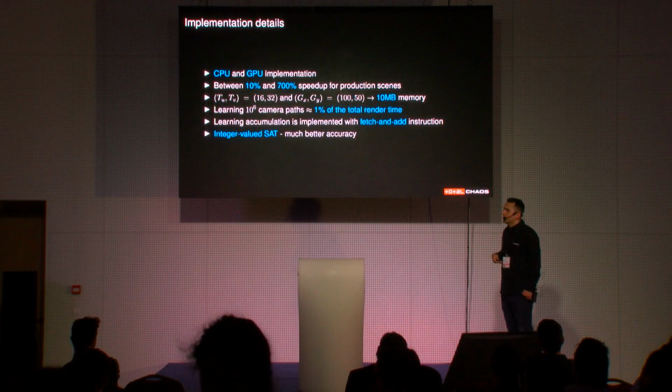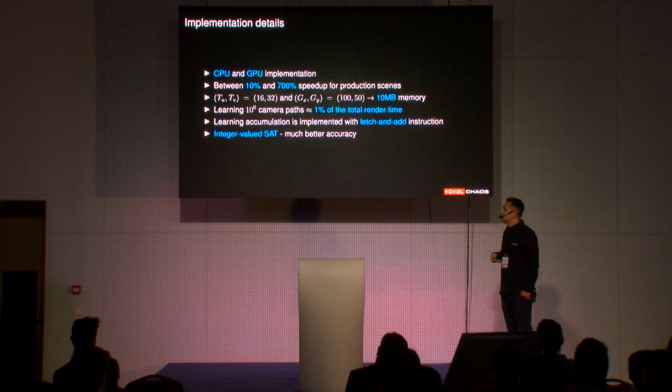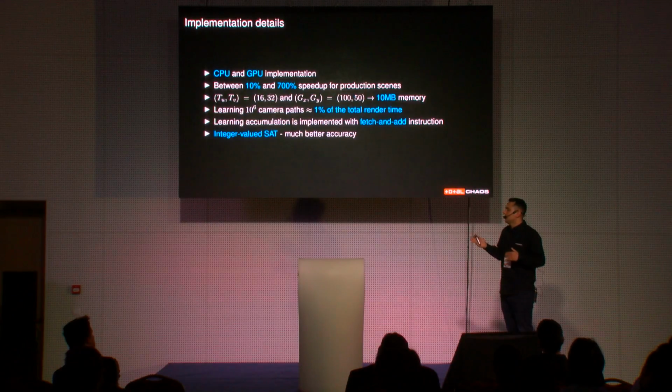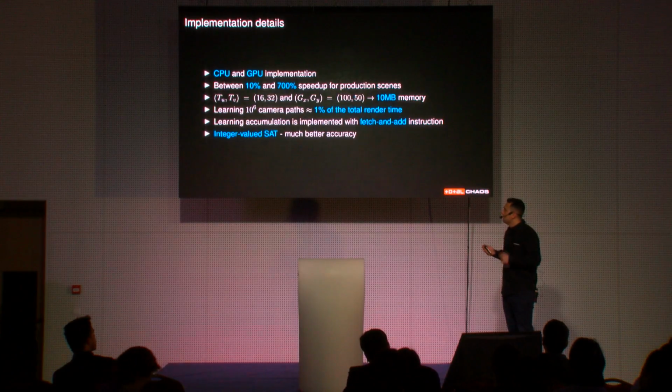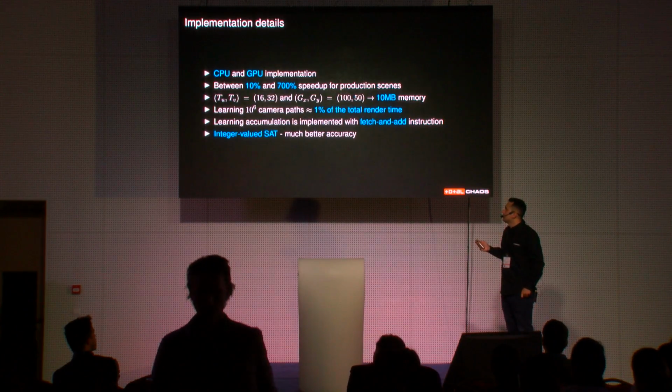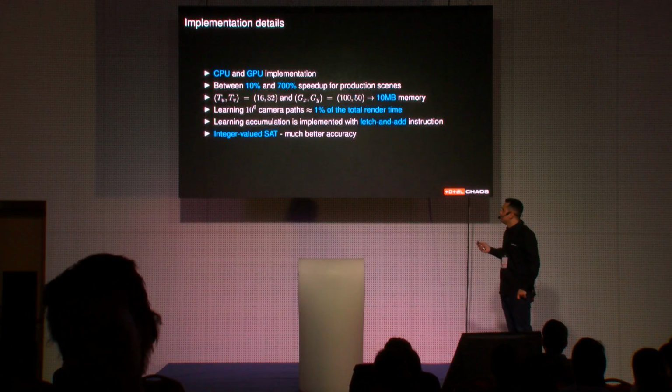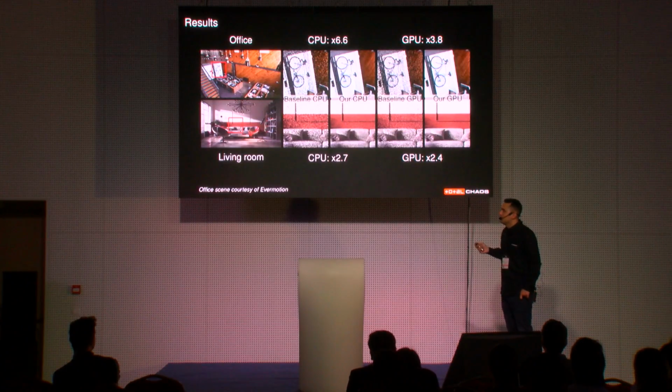So what we decided to do is build this table in double precision, and then remap our range in order to use the full 32 bits precision of an unsigned integer, and I'll show some results a little later.